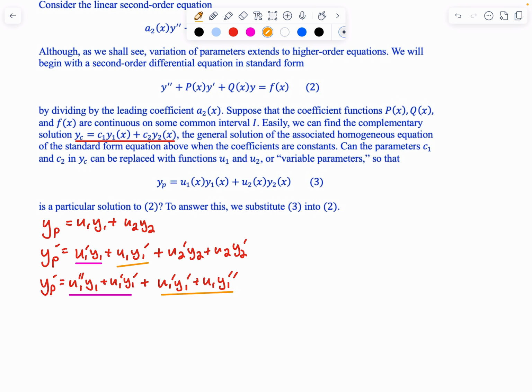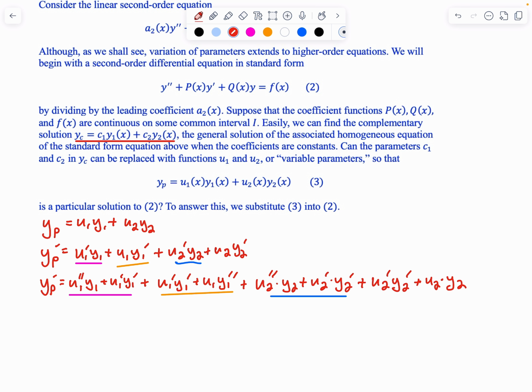All right, and then we keep going. Oops, wrong color. All right, plus U2 double prime times Y2 plus U2 prime times Y2 prime. All right, that was this one. Oh, not the whole thing, just this. And then the last one is going to be U2 prime times Y2 prime plus U2 times Y2 double prime.